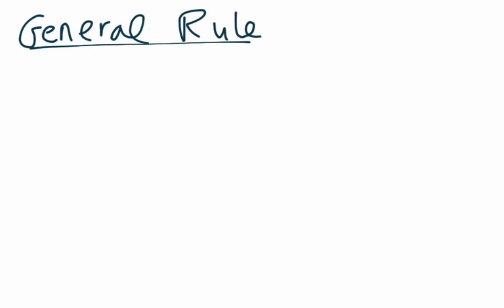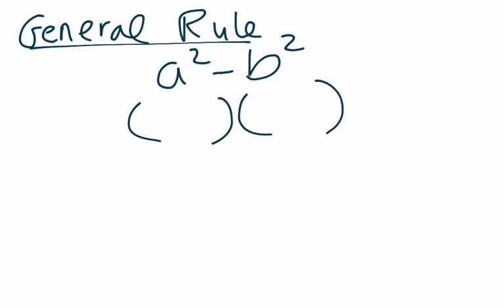Is this: if you recognize that what you're looking at is the difference of two squares, difference subtract, 2 means it's a binomial, there's only two terms, and they're both perfect squares. That will always factor into a plus b and a minus b.